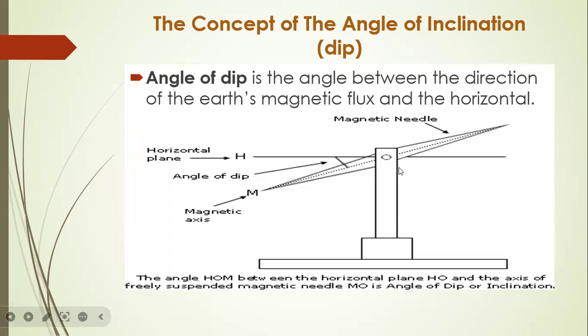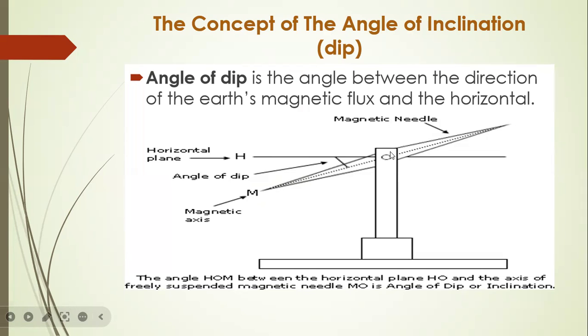Here, this is a magnetic needle. It's a kind of compass that shows the direction. Now the angle HOM: H is here, this is the horizontal plane, and M is the magnetic axis, and O is like the center.